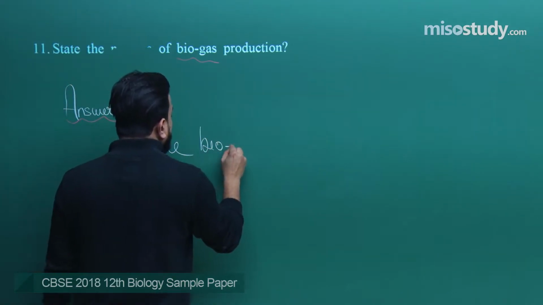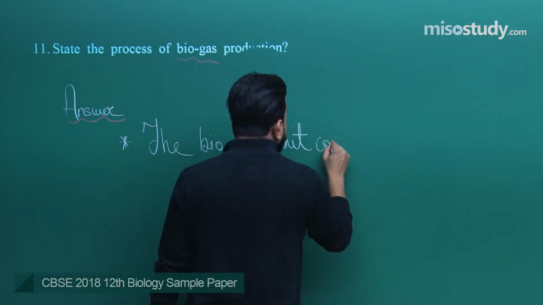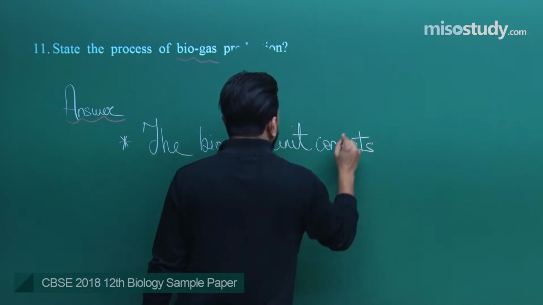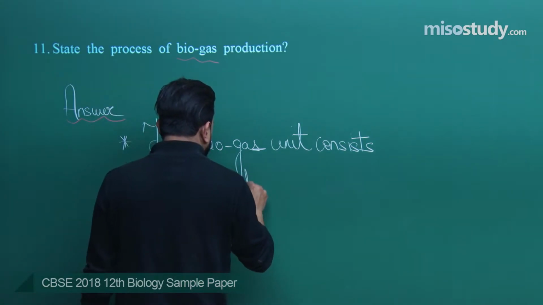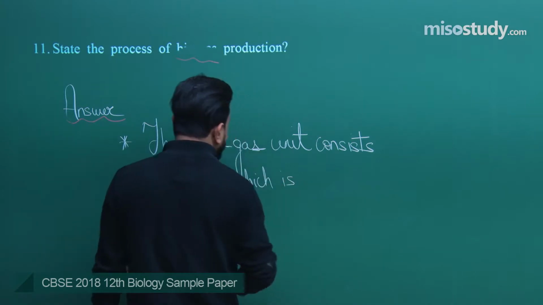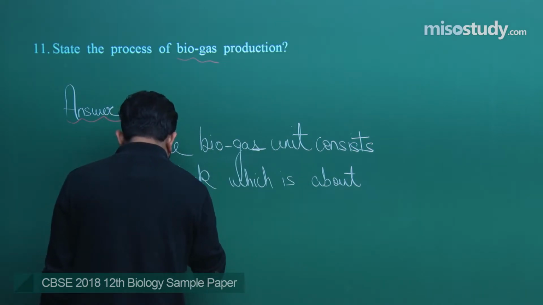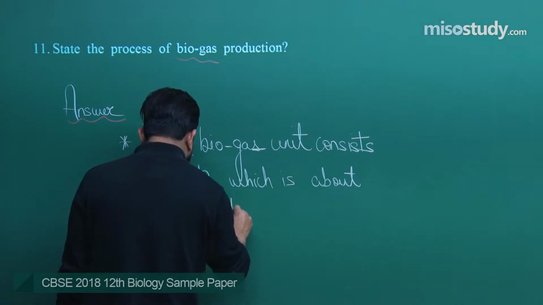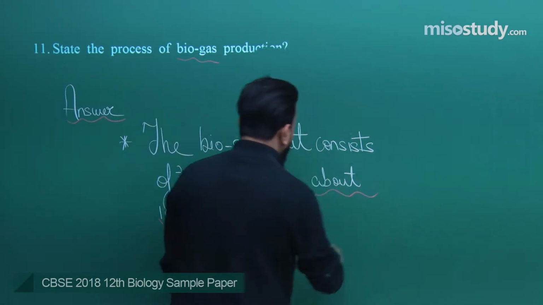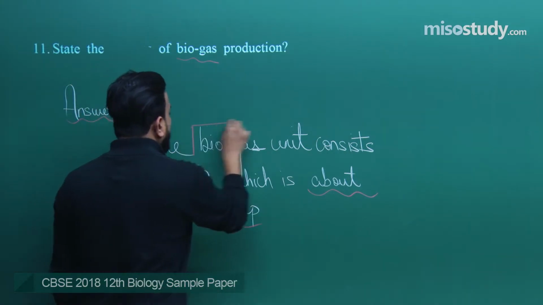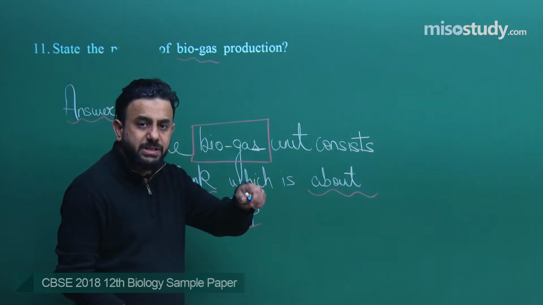The biogas unit consists of a tank which is about 10 to 15 meters deep.